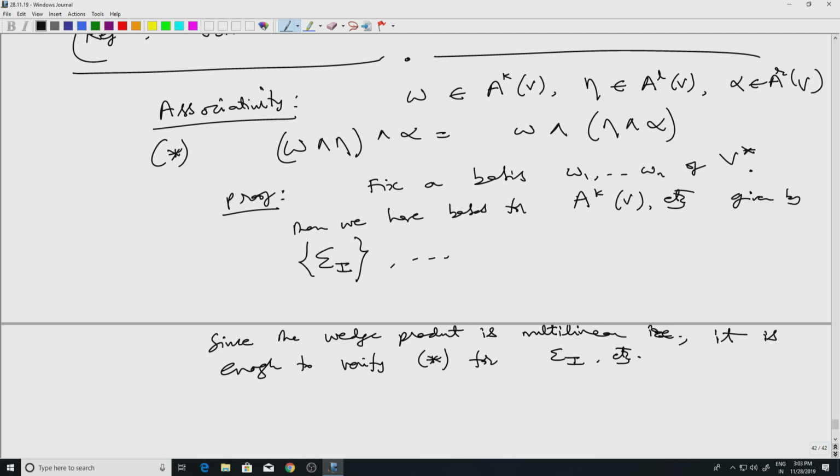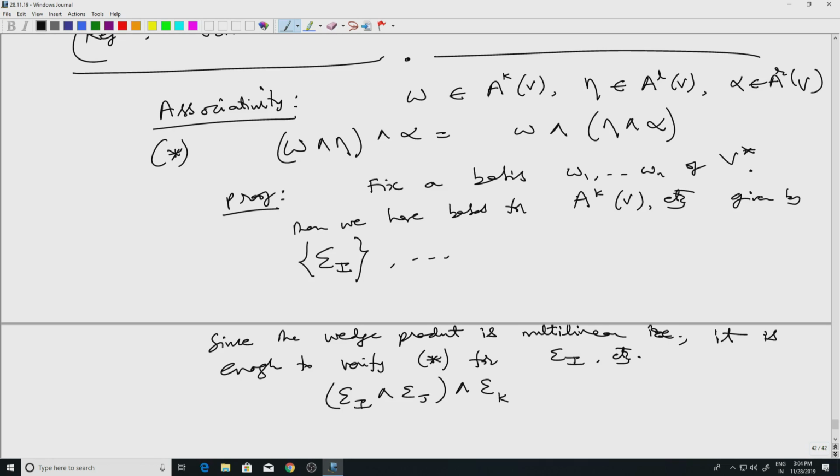So what one does is expand omega in terms of the epsilon I, eta in terms of the epsilon j, and alpha in terms of the epsilon k, where I, j, k are multi-indices. Write them as linear combinations, then use the multilinearity of the wedge product, and you will end up with a whole bunch of terms. The individual terms in the sum will be of this form on the left side.